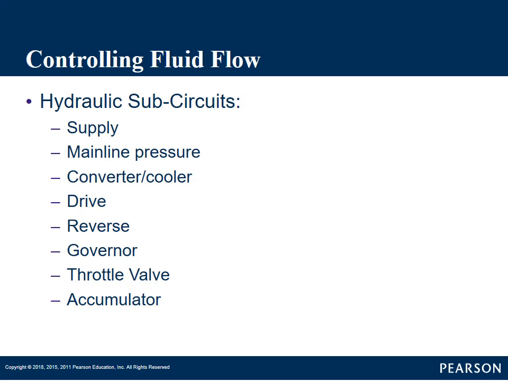This is a whole other different circuit from our other circuits. And then our accumulator circuit. As we talked about our accumulators, this is what is on the back side or our accumulator side of an accumulator to help control how a clutch pack or a band applies.